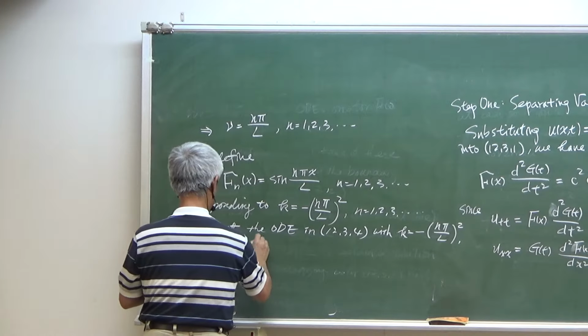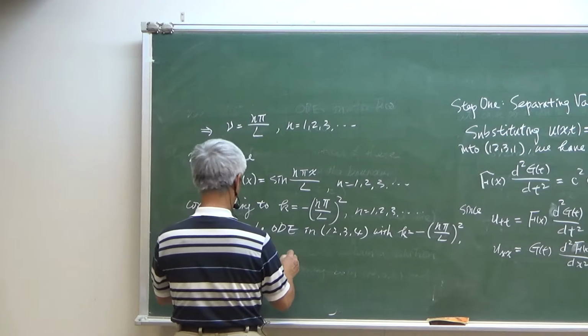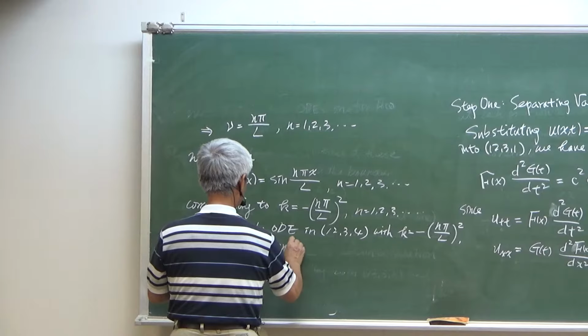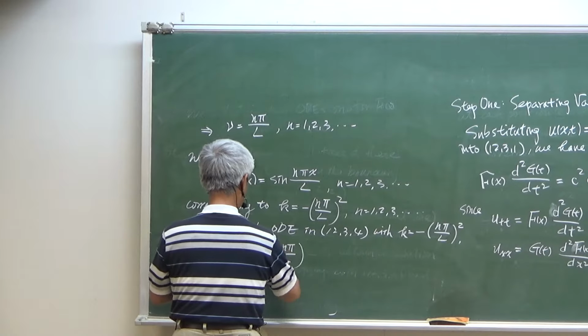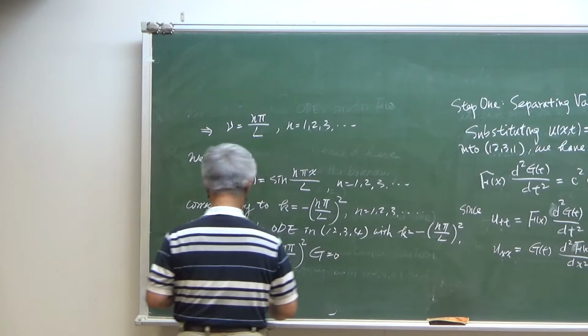So we have g double prime plus c n pi over L squared times g equal to 0.